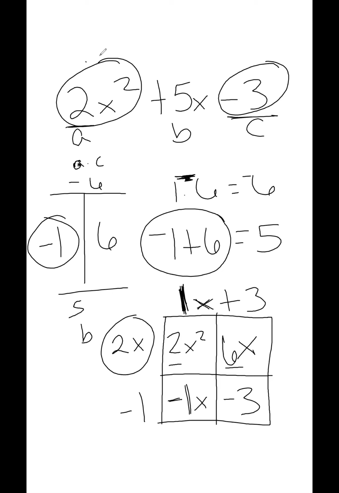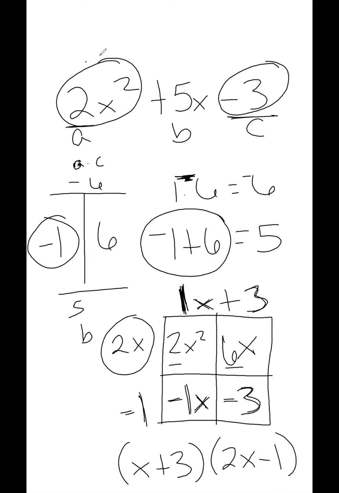And this already has the x, so I don't need it here. And then 3 times -1 is -3. So I'm good. So now I can just write it as x plus 3, or 2x minus 1. Or flip-flop it. You can write 2x minus 1 and x plus 3. It doesn't matter.